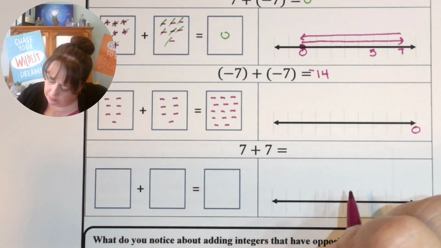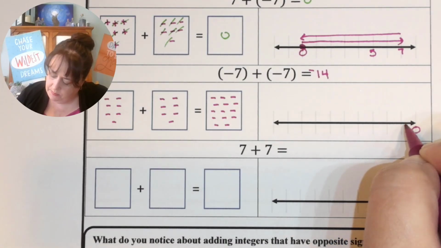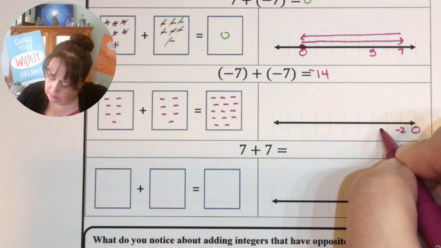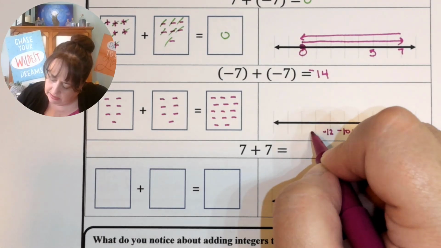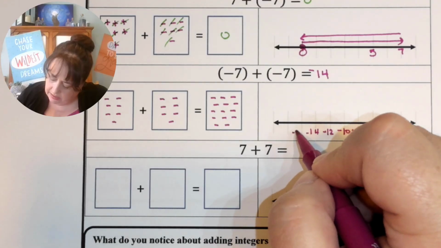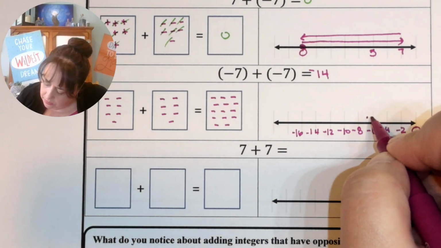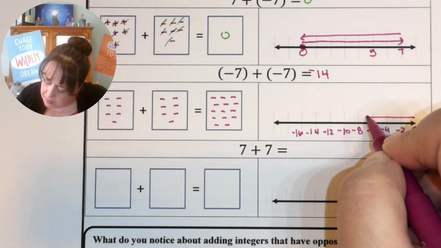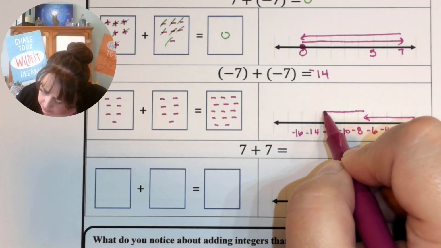So if I was at 0, and let's count by 2s. So this would be -2, -4. So I would have ended up right there at -7 for my first one. And then it said to go another -7.